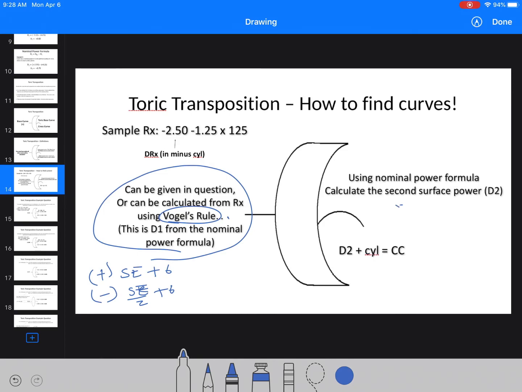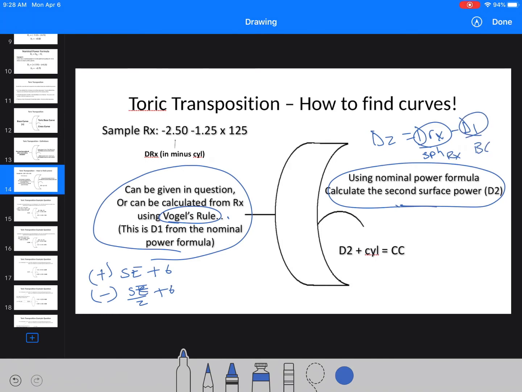On the back side, the toric base curve, remember, we're solving for D2. It's basically just using this formula here. And the DRX is also known as the sphere power in the prescription.